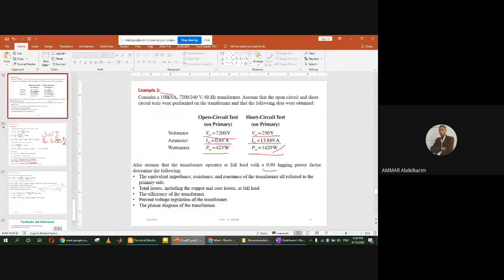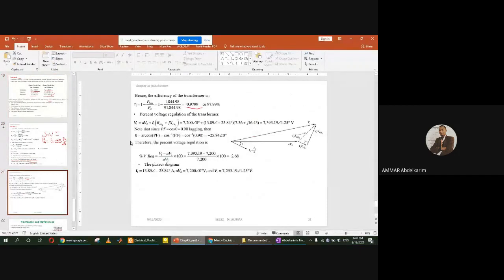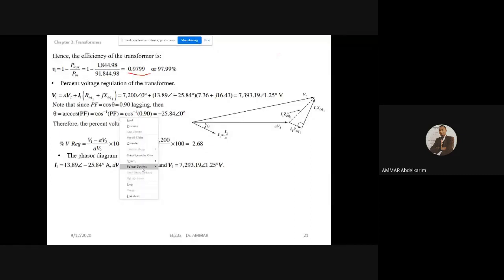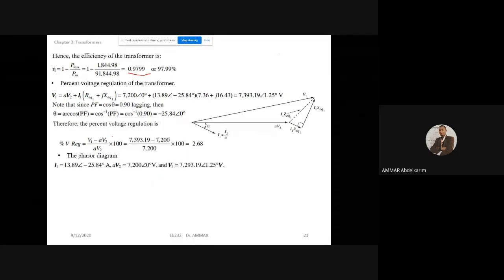So now the next question is to calculate the percent voltage regulation of the transformer. We have seen the expression of the voltage regulation. The expression we have seen before is when the circuit is referred to the secondary, but in this case our circuit is referred to the primary.